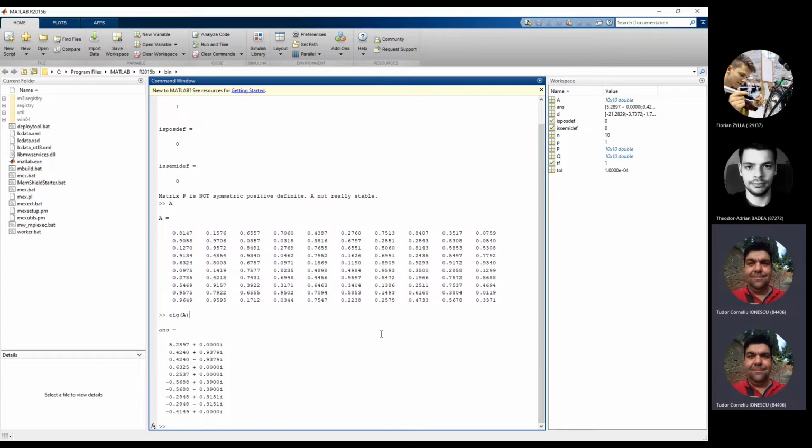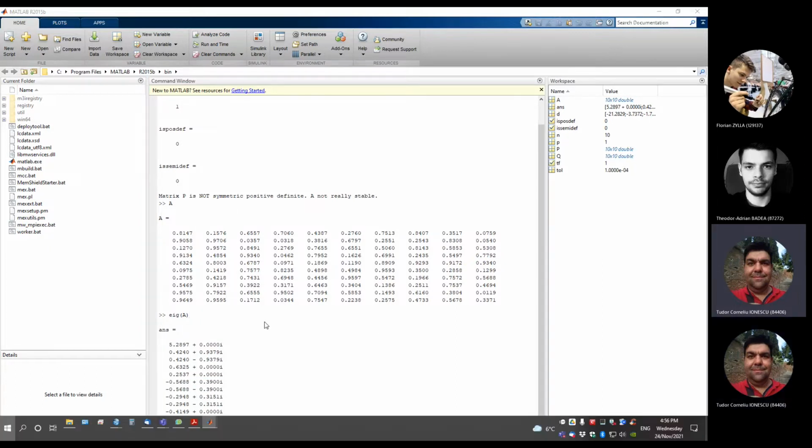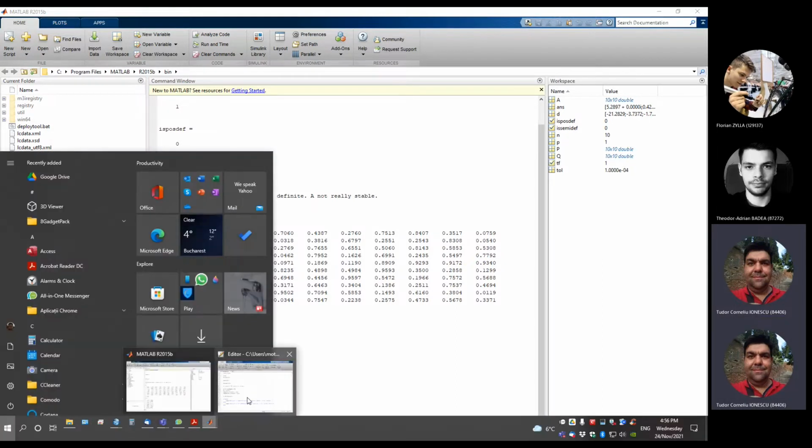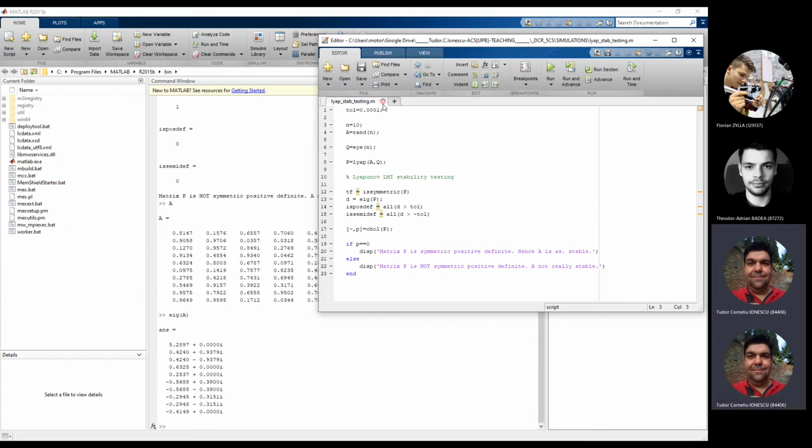Okay, let's see if we can generate a stable matrix. Here we can take minus, I don't know, 10 to the power 3. Let's see if we can do that, but I'm not sure if this is working.